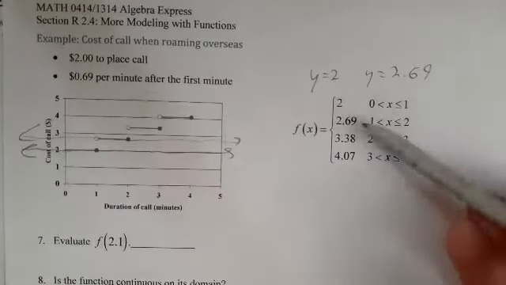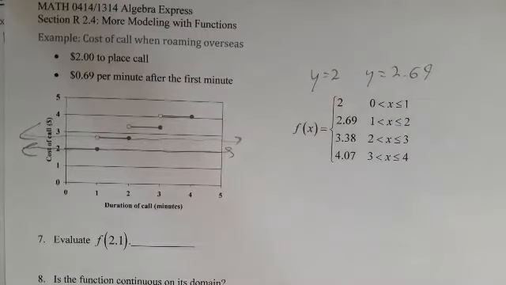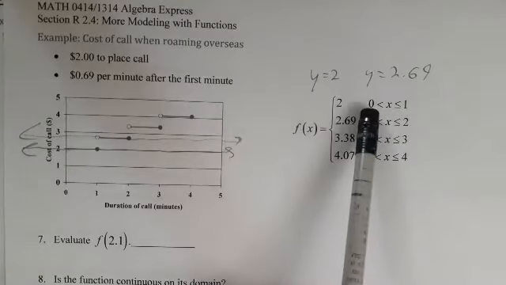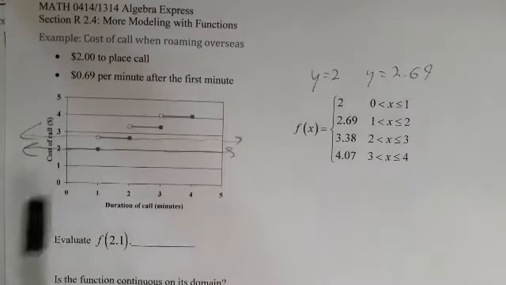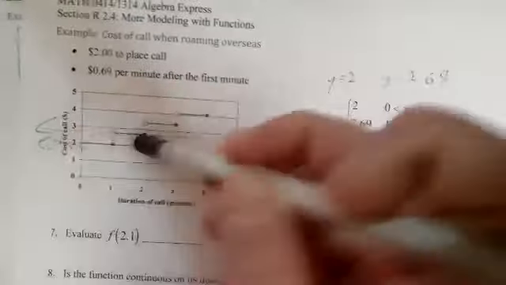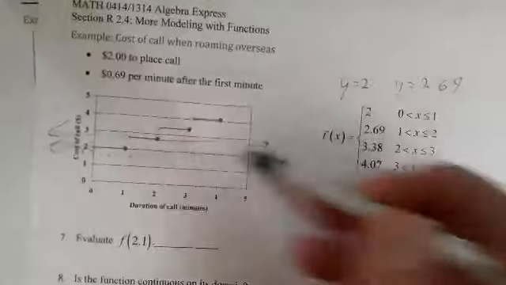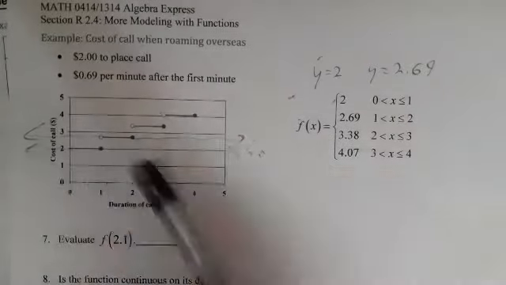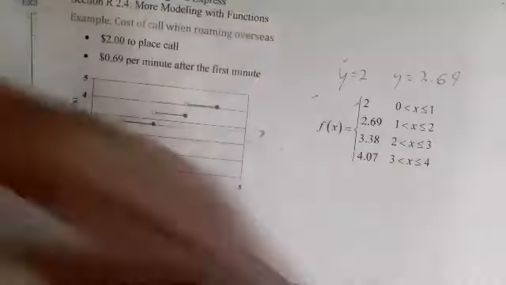So we have 4 different equations, but we don't want the entire equation. For y equals 2, I only want from 0 to 1 on the x. If I look from 0 to 1 on the x, and I erase all the other part of the line that's not from 0 to 1, I get what's remaining here, what's drawn on the paper. Same thing with this one.